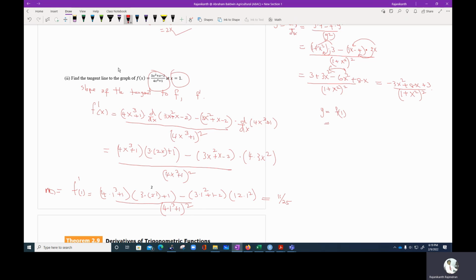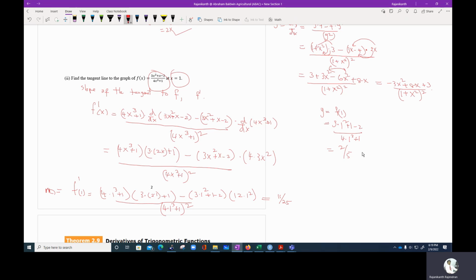So take the function, plugging 1 there, you will get 3 times 1 squared plus 1 minus 2 over 4 times 1 cubed plus 1. If you simplify this, you will get 2 over 5.